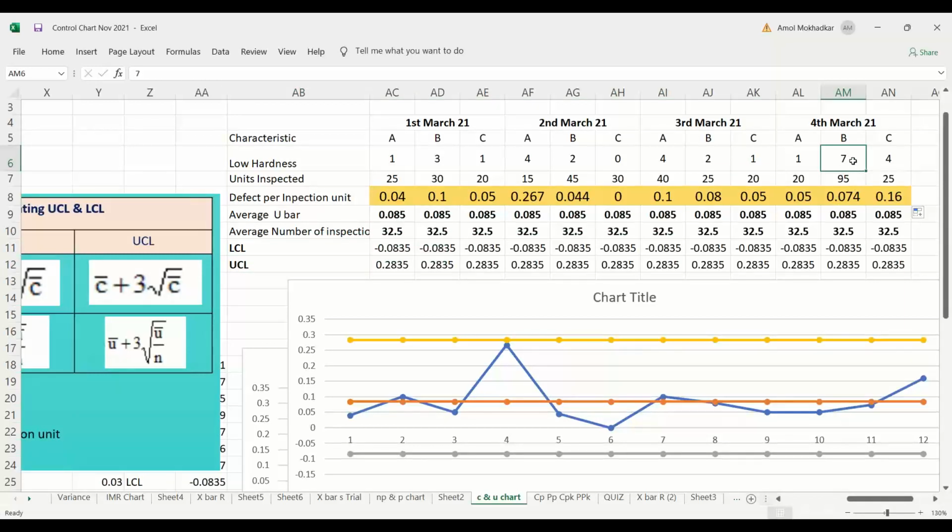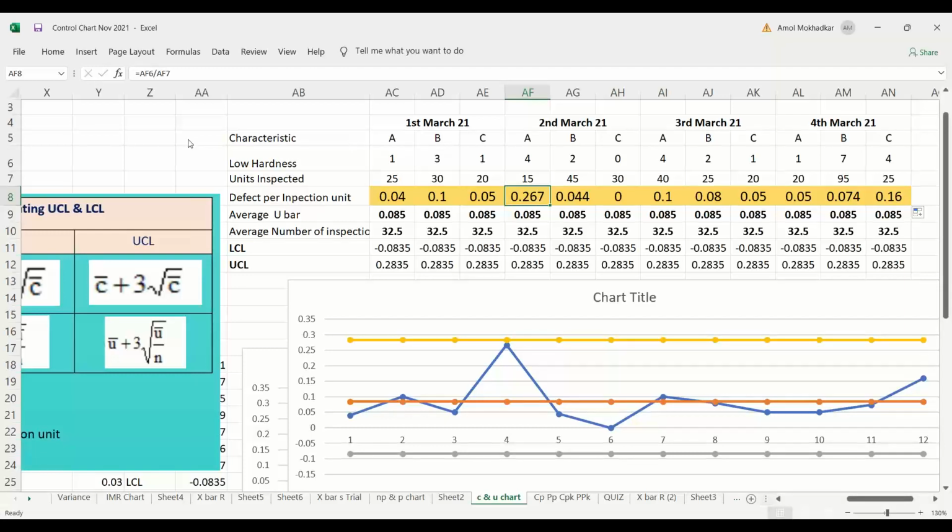In 95 there are 7 defects, so you cannot say this is the worst scenario. The worst scenario can be different. Like this, there are 2 defects only, so it is 0.08. Or you can say there are 4 defects out of 25, so the value is 0.16. So this is not the worst case. Because the proportions are changing, you can say this is the worst case because it is going up to 0.267 proportions.